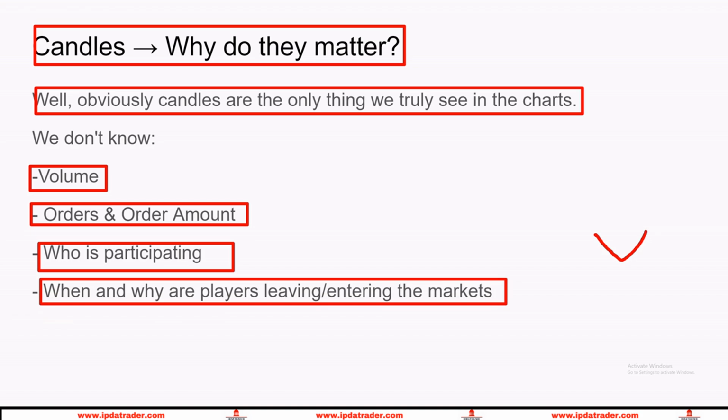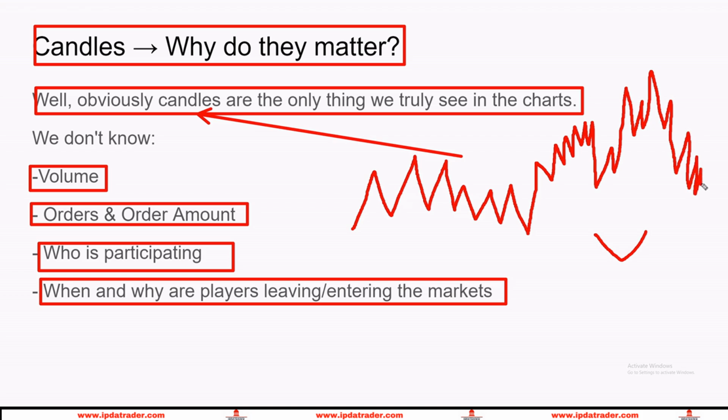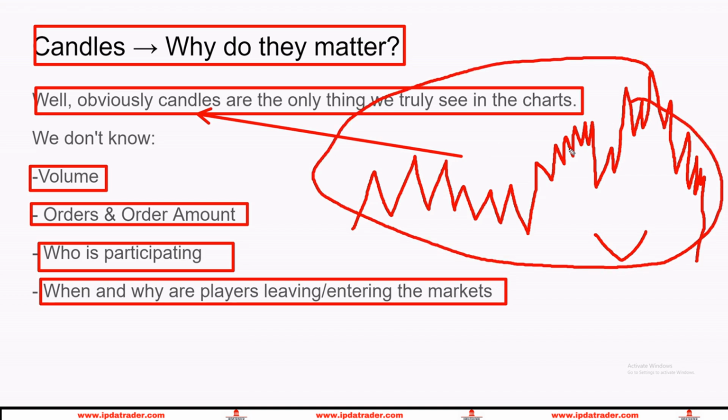The only thing that we see with precision and guarantee are candles, which essentially is just a visual reference for how price is behaving, right? Because in every given second, price is moving up or down, and at the end of a particular period, you will have a candle that represents that price movement.